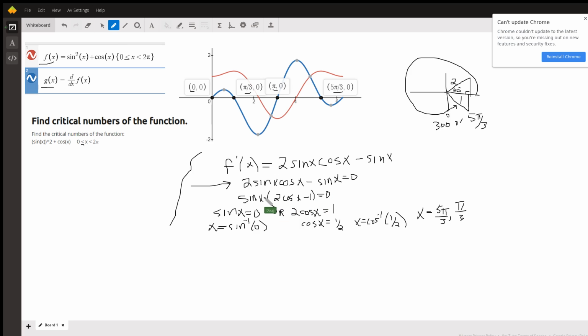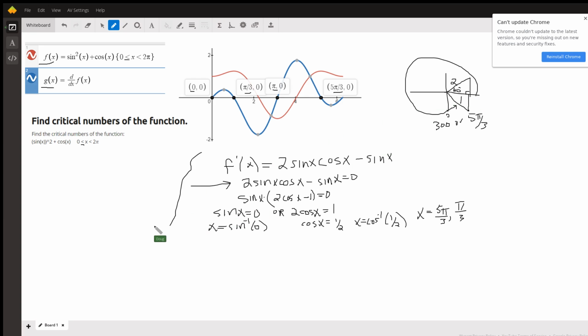The zero product property tells us that if two expressions multiply to give an answer of 0, one of them equals 0 or the other one equals 0. So sine of x equals 0. x is the inverse sine of 0. Where is the sine equal to 0? Well, it's along the x-axis.